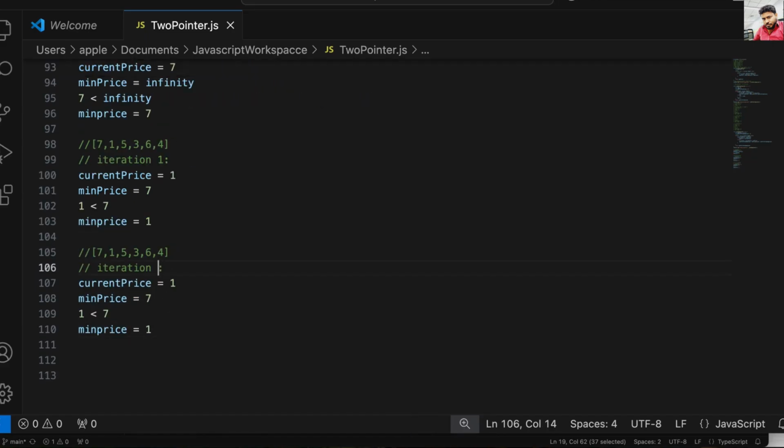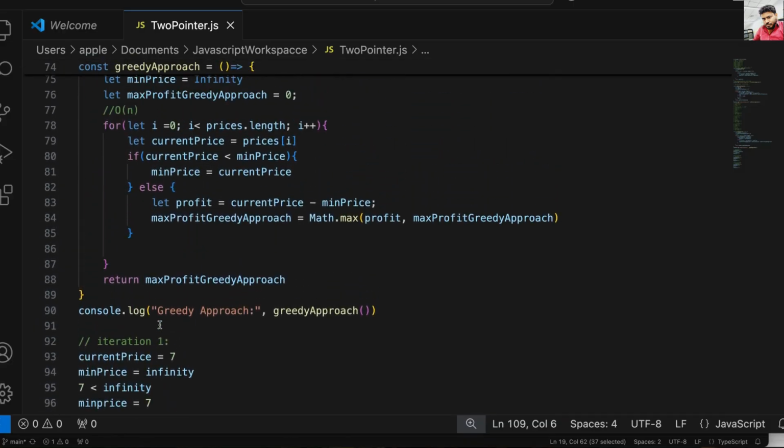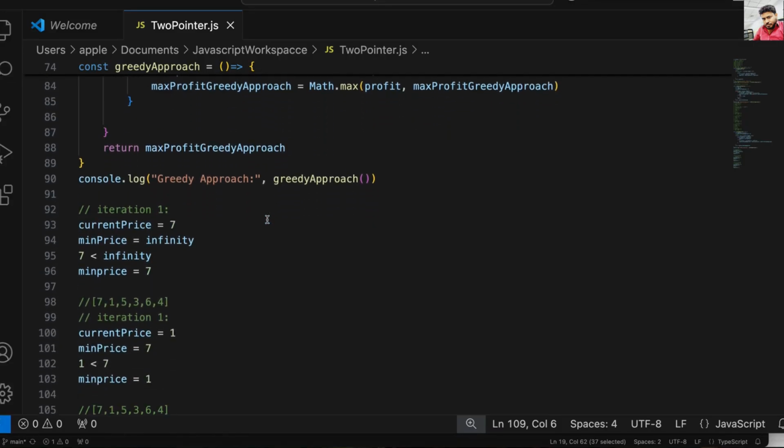For this iteration, which is 2, the current price is now 5, and the minimum price is 1. Here the minimum price is 1 and the current price is 5, so the minimum price will stay the same. This condition won't be satisfied because 5 is not less than 1, so it will go to the else and calculate the current max profit.